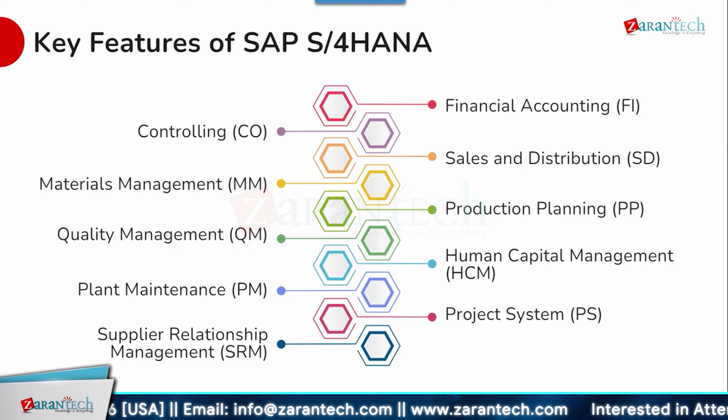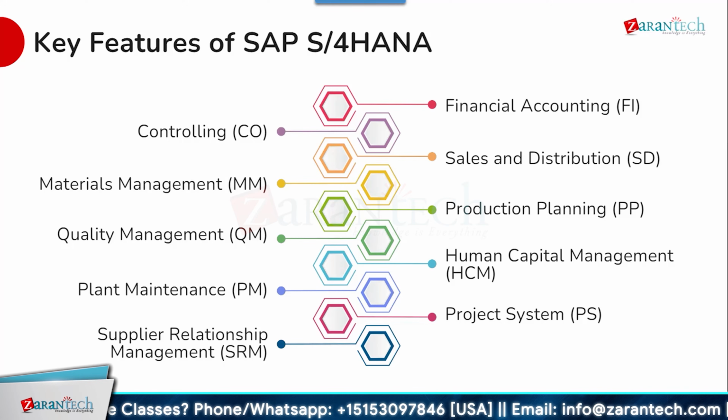That ensures product quality through consistent inspections and compliance with quality standards. Then it comes human capital management or HCM that manages employee information, payroll, and talent development. After that, it's plant maintenance or PM that supports the upkeep of plant operations and equipment by ensuring minimal downtime.